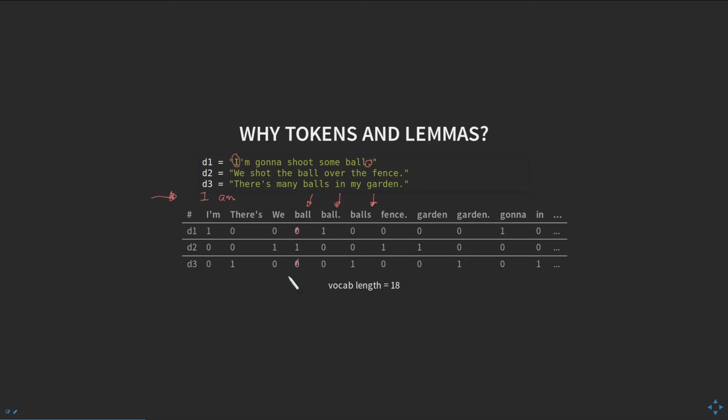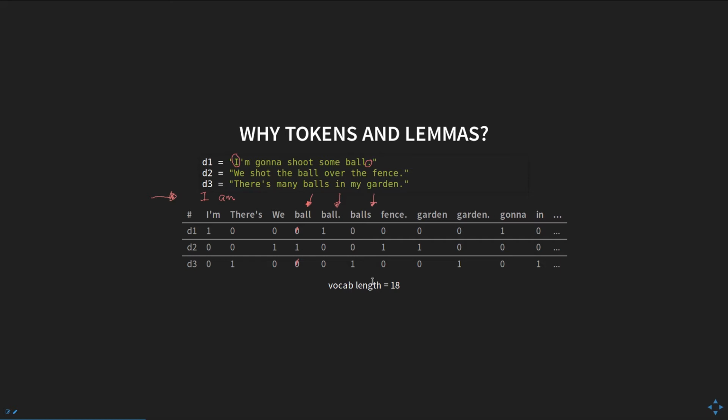So we know that for all these three sentences, the word ball is in there and it's talking about a ball. As you can see here, with a very naive white space splitting of the tokens, we have a vocabulary length of 18, which, given that we only have 3 documents, is actually a lot, especially for these very short sentences.